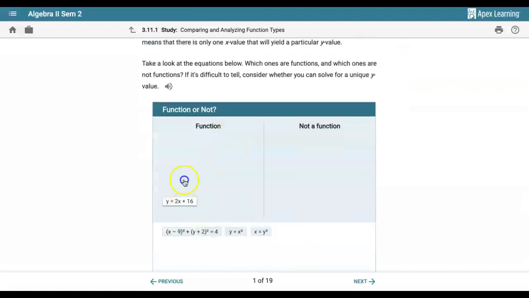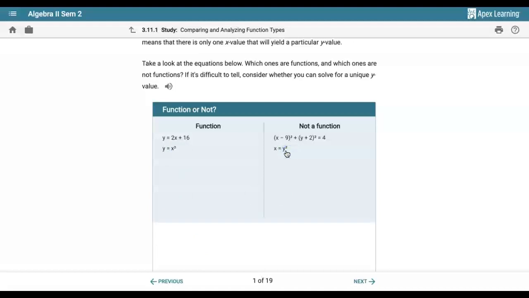So if we look here, things that are functions, right, that would be our linear function here. All right, this guy is not a function because we're going to have multiple output values for our y's and our x's, so that's not a function. All right. Now looking at these two guys, so y equals x squared and x equals y squared. All right. So y equals x squared is a function, but its opposite here is not.